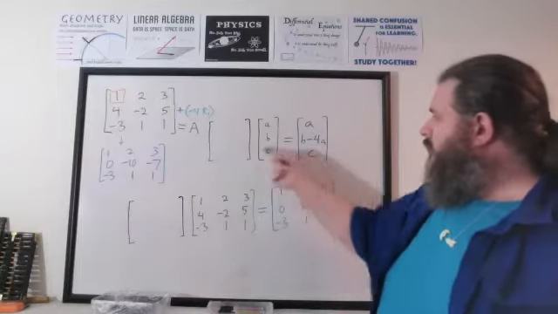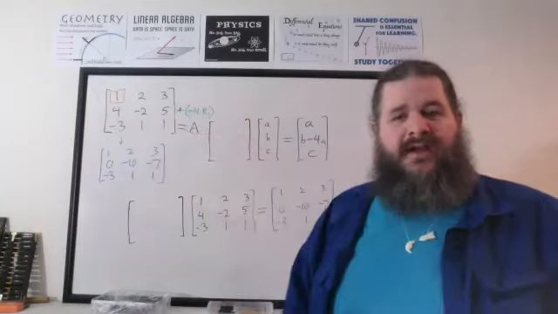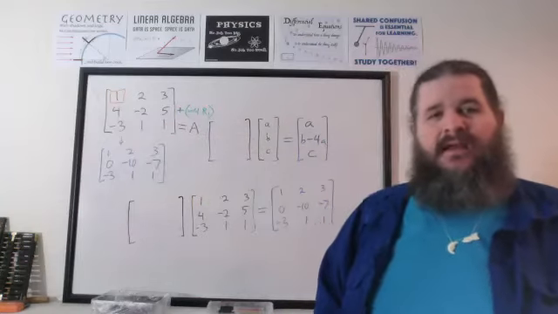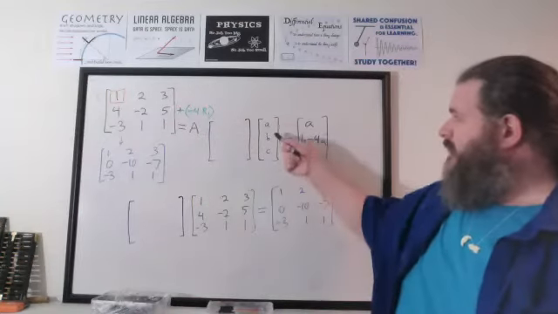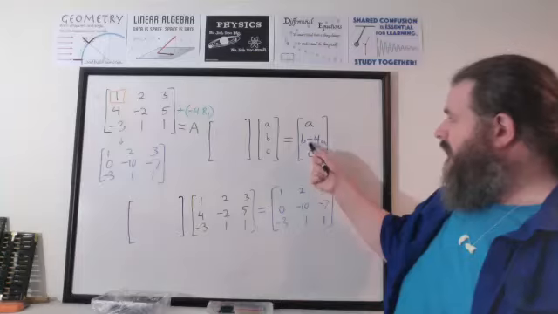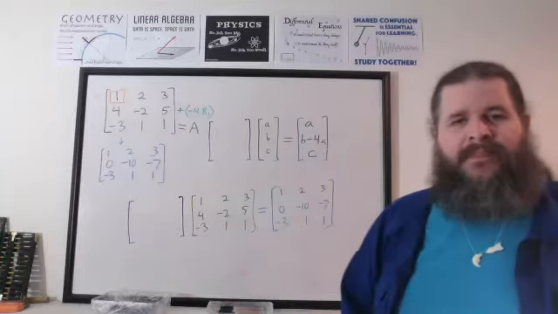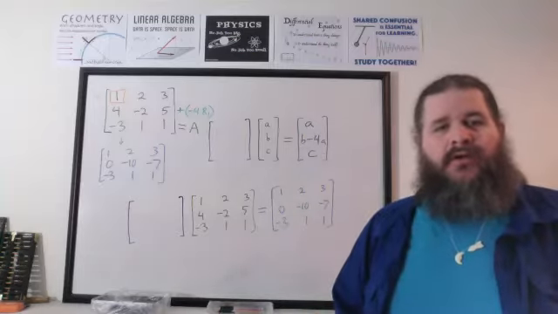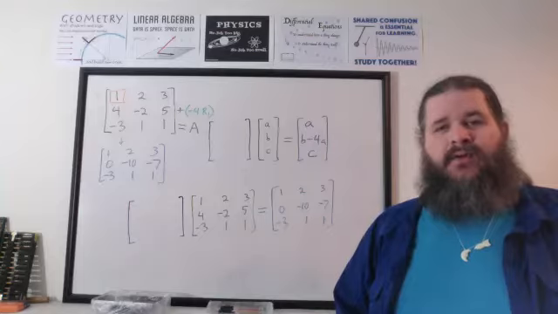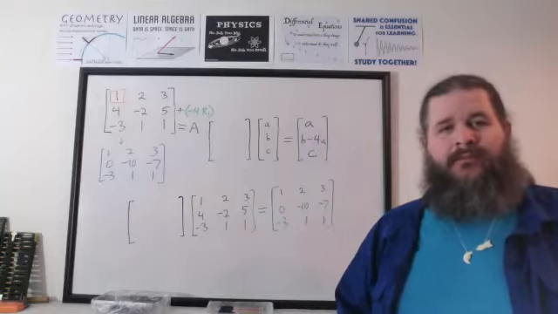So this is an overall description of the operation we just did. The row operation we just did turns A, B, C into A, B minus 4A, C. So no change at all to the first and third rows, but changing the second row by subtracting 4 times the first row.